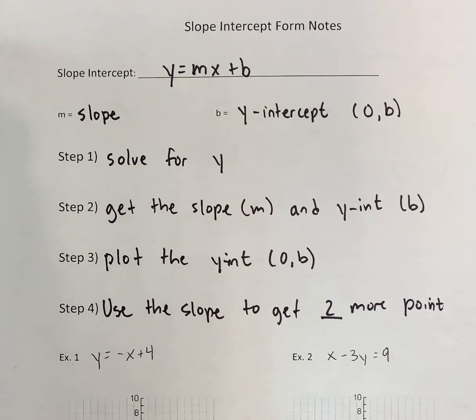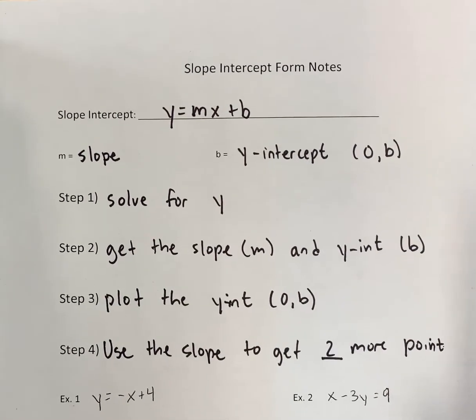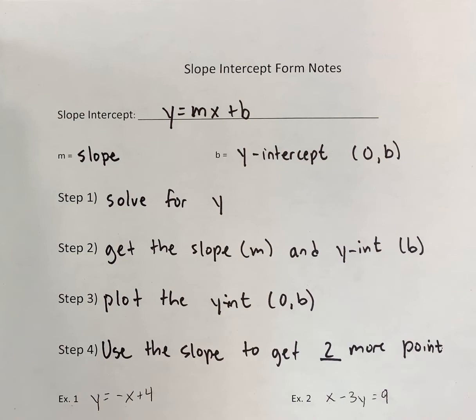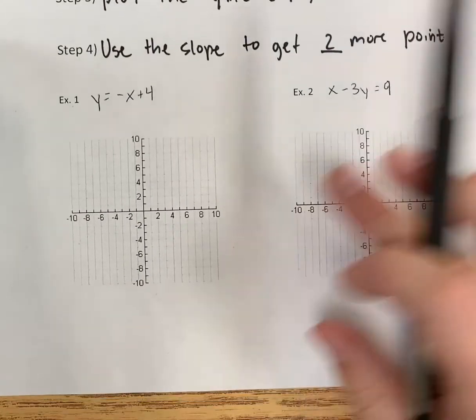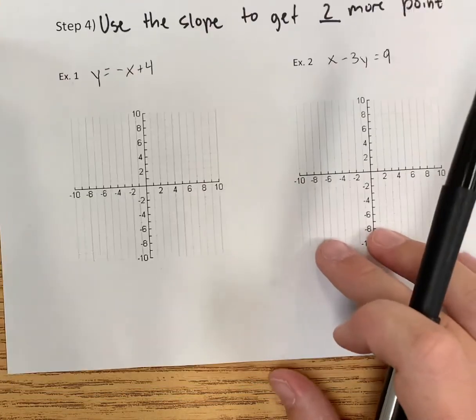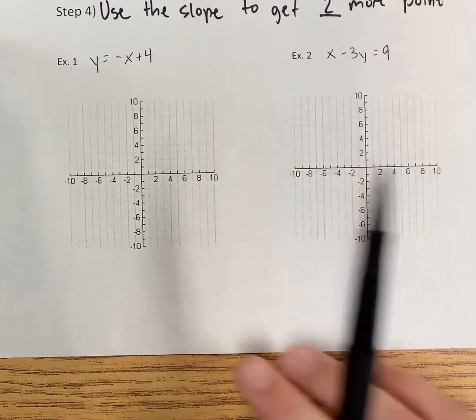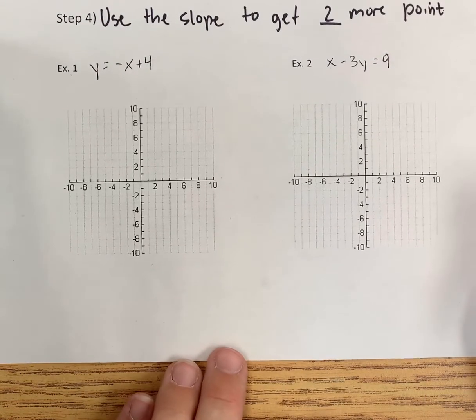And once you have all 3 of those points, you want to go ahead and draw that line. So those are the 4 main steps to remember when graphing in slope-intercept form. What I'm going to do now is a couple of examples using those steps where we graph in slope-intercept form.